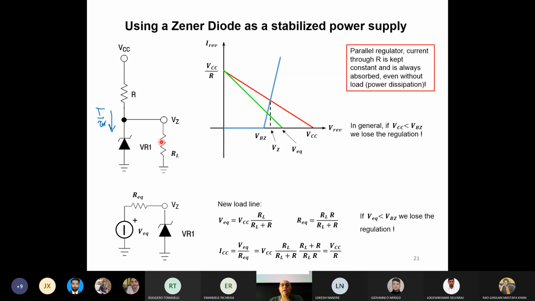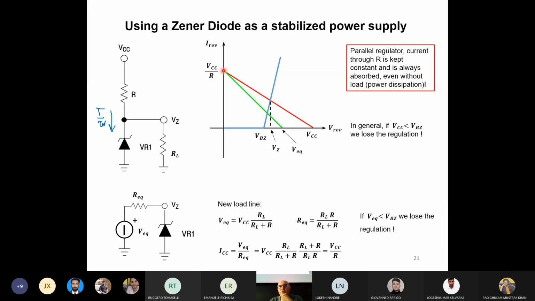If you want to draw the load line, that is the red line here, we can simply consider the VCC in this point here. That's the open voltage, the voltage with no diode, let's say. Then I told you we consider the maximum current that can flow here if the diode was a short circuit, and we get this VCC over R. You remember?